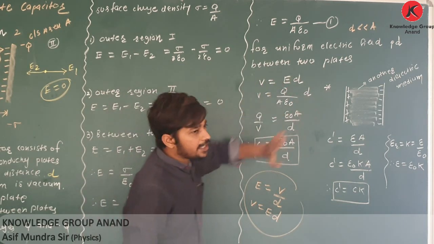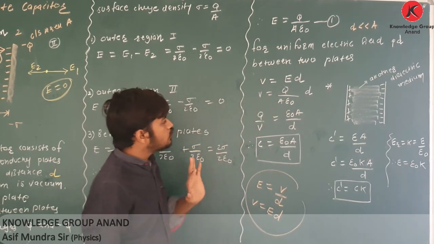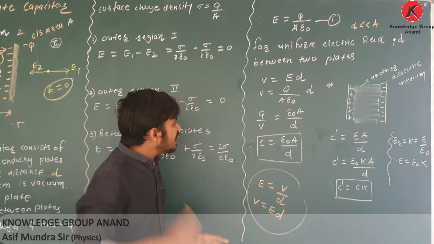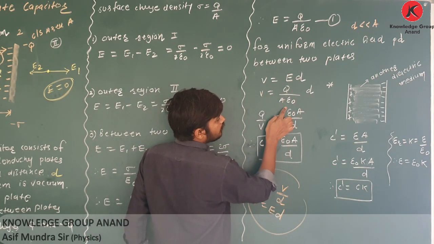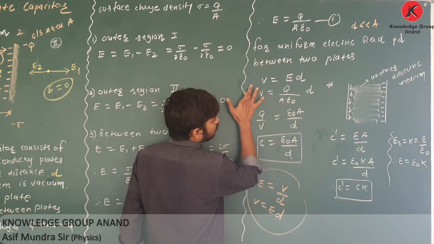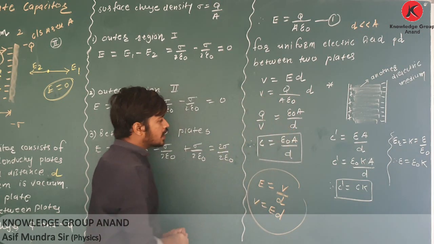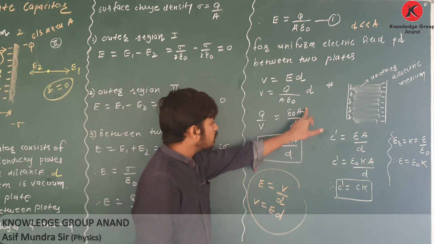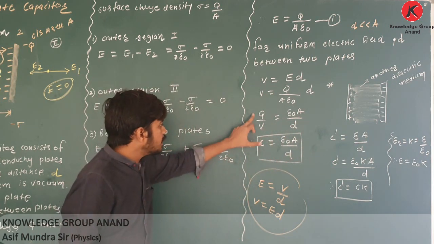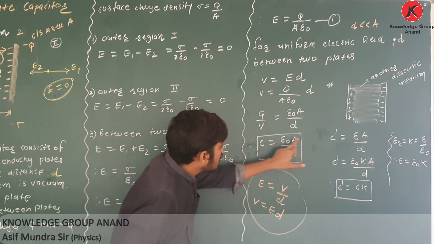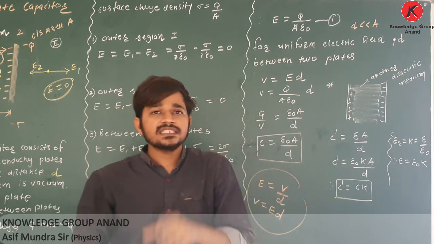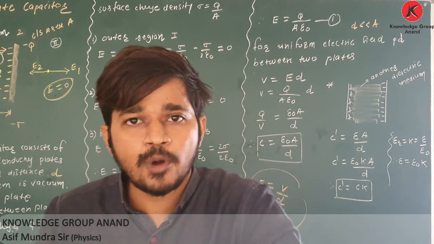Put the value of E, that is Q upon A epsilon 0. Now make Q upon V the subject. V is in the denominator, A epsilon 0 on the opposite side, d is also on the opposite side. So Q upon V is equal to epsilon 0 A upon d. And we know that Q upon V is called capacitance. So C is equal to epsilon 0 A upon d.